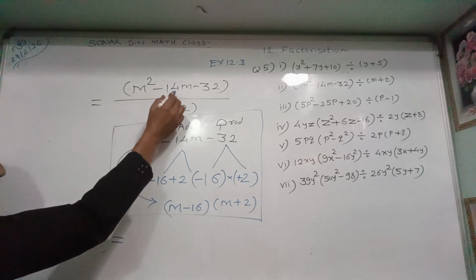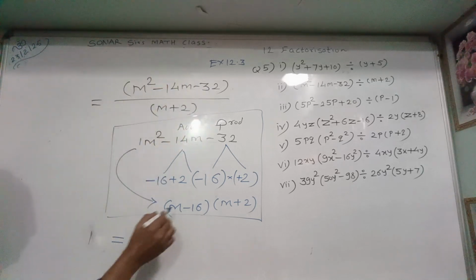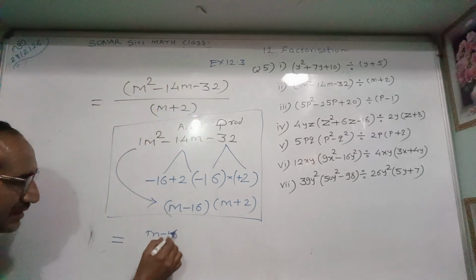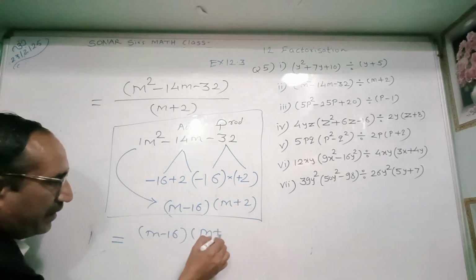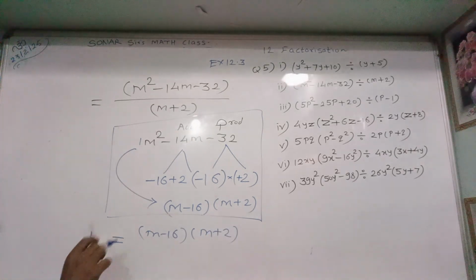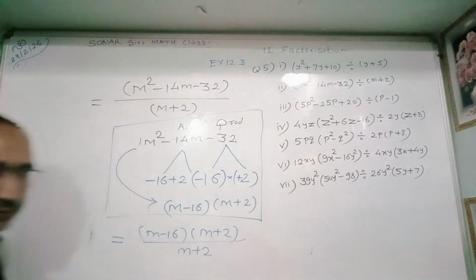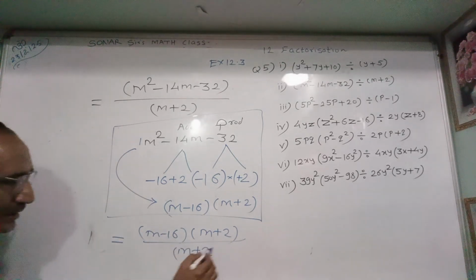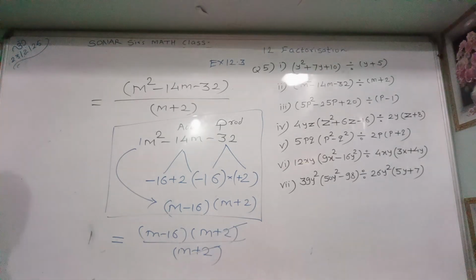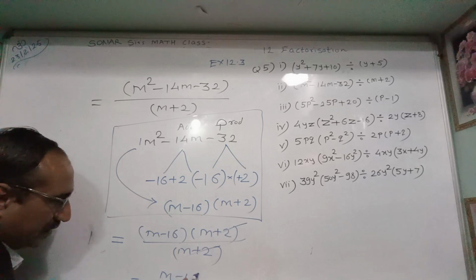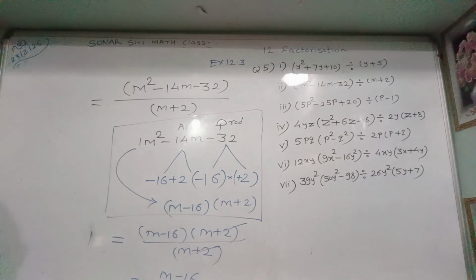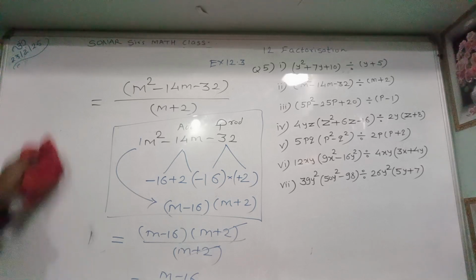So m square minus 14m minus 32 becomes (m minus 16)(m plus 2). In the denominator there is m plus 2. So let's cancel this m plus 2 and we'll get the answer m minus 16. So in this way we found the factors and the solution.